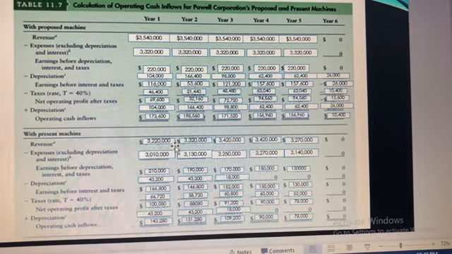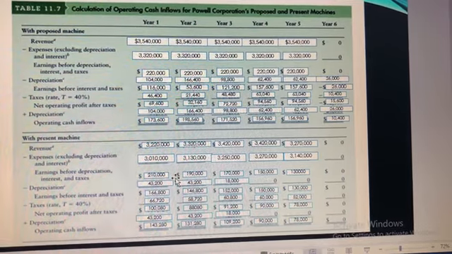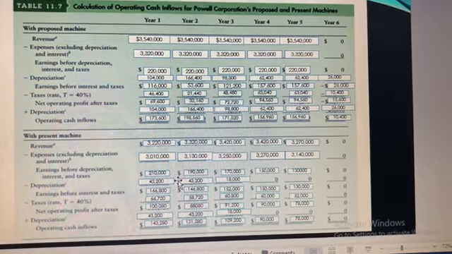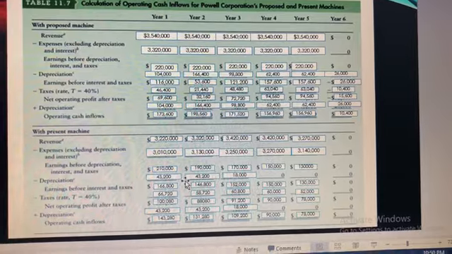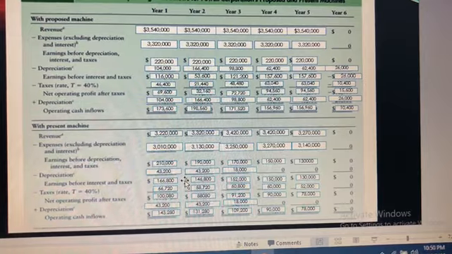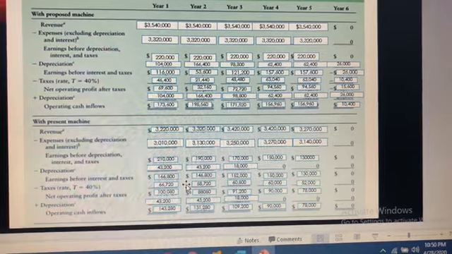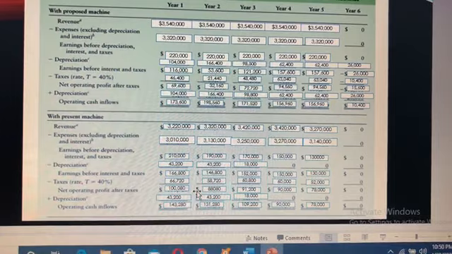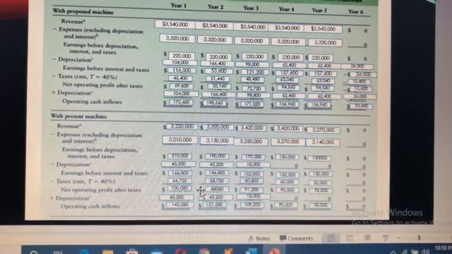And we're gonna do the same for year 2, revenue being 3,320,000 minus our expense of 3,130,000, which is going to give us our earnings before depreciation, interest, and tax of 190,000 minus our depreciation of 43,200, which is going to give us our earnings before interest and taxes of 146,800, and we're gonna minus our tax of 40%, which is 58,720, and that's going to give us our net operating profit after taxes of 88,080.